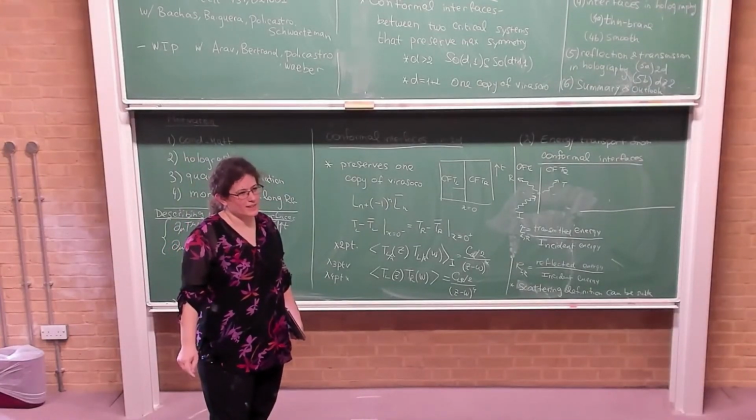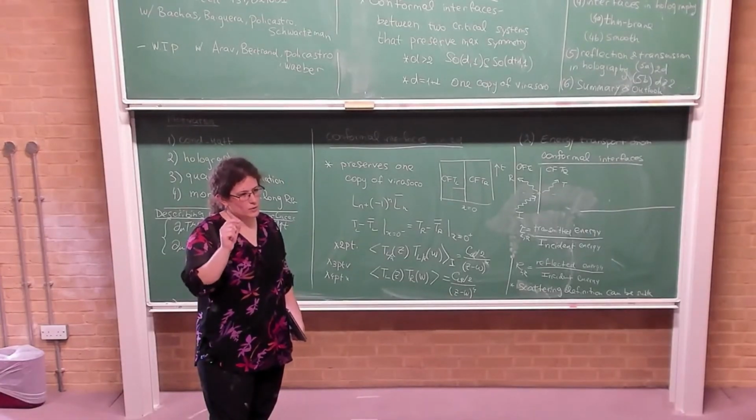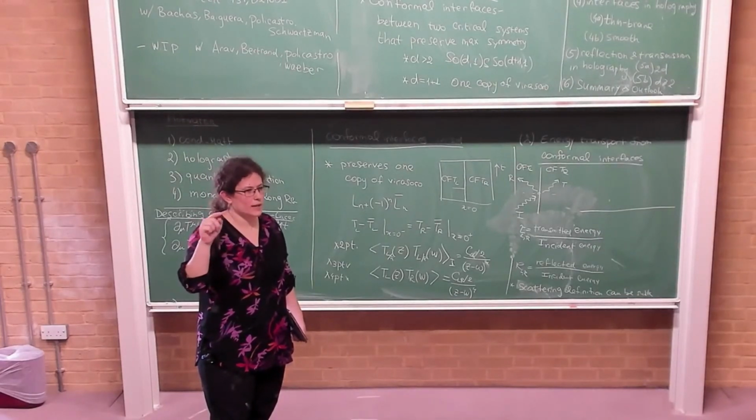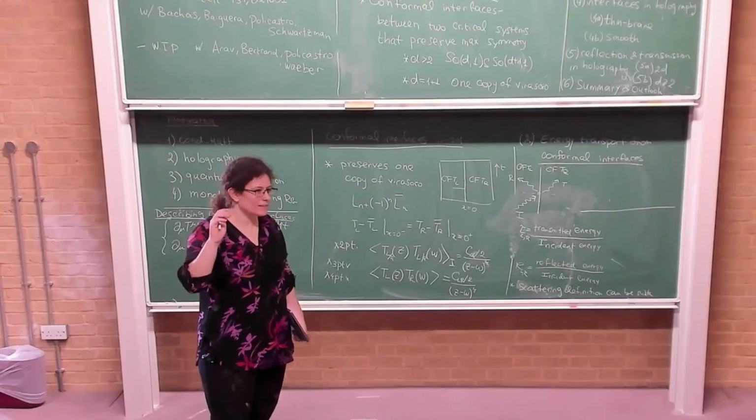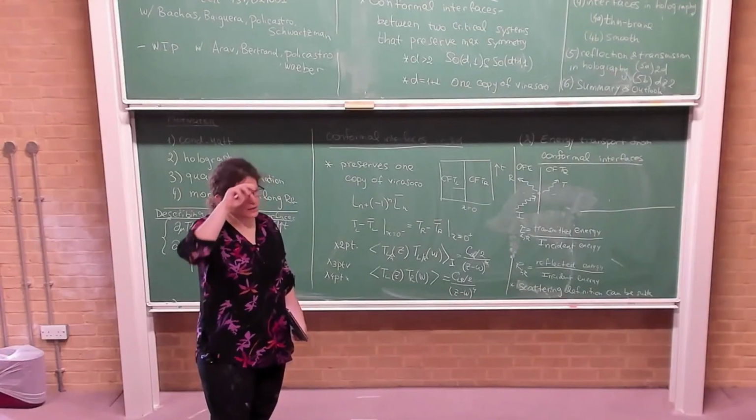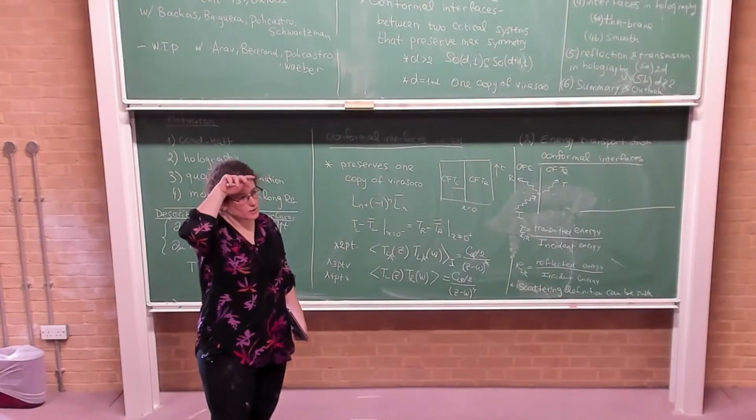In CFT2, since you have the holomorphic and anti-holomorphic parts that are separately conserved, if I build waves, they will be e to the ik(x minus t) or (x plus t). So this necessarily means they move at the speed of light. I'm not sure, is it obvious in higher D? I don't know.